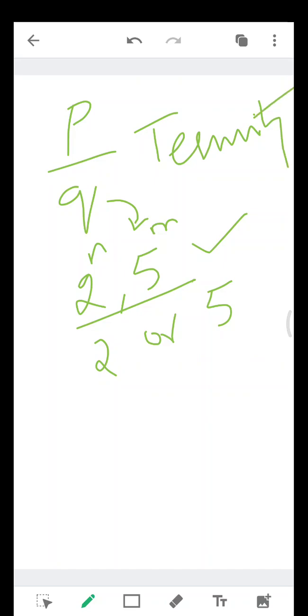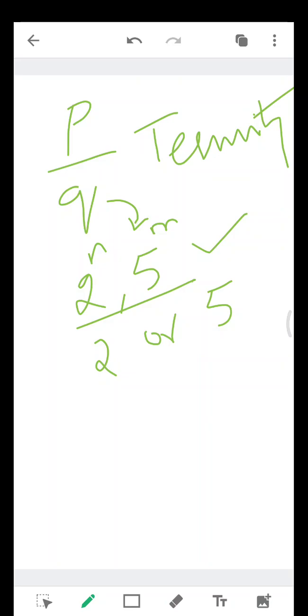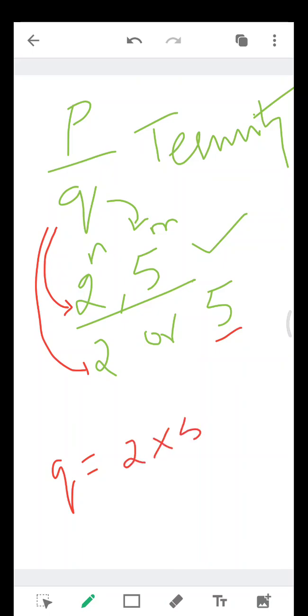If q cannot be written in this form of 2s and 5s, or only 2s or only 5s, like if q has 2 as well as 5, but you have another number with it like 17, then this is a non-terminating repeating decimal.